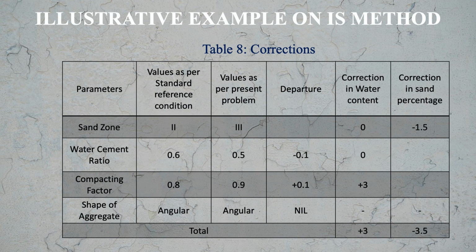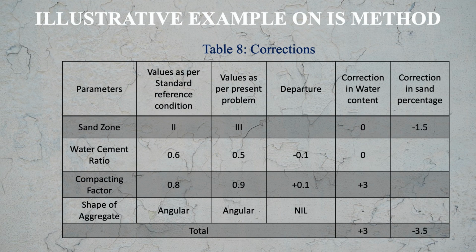And then in the next column you see the correction in water content, and in the next column you see the correction in sand in percentage. So for sand zone 2 and sand zone 3, because as per reference condition sand zone 2 is used, and as per the given problem, sand zone 3 is used.